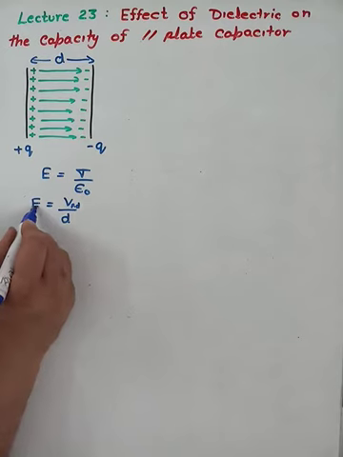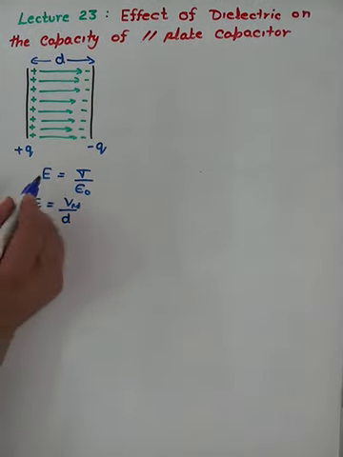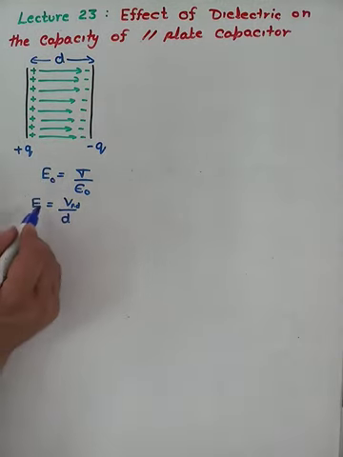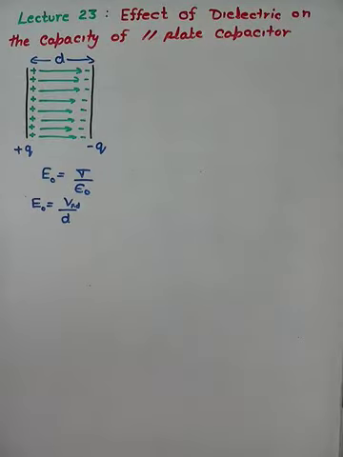This is the electric field in free space. We can simply write it as E naught.